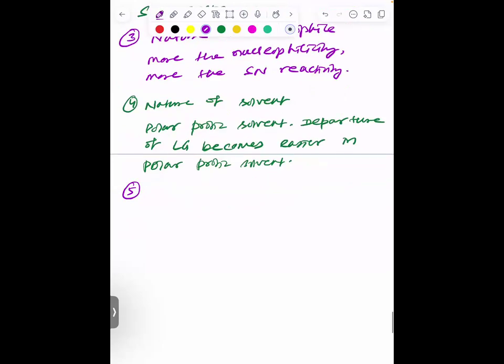Okay, next, what other factors can there be? We saw leaving group, then nucleophile, then nature of the haloalkane or substrate. Then we can write concentration of nucleophile.